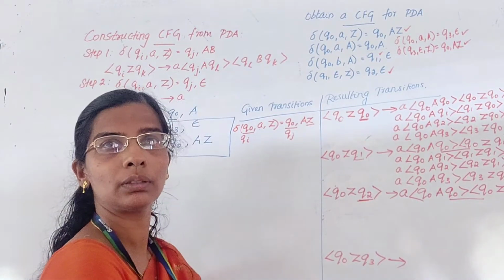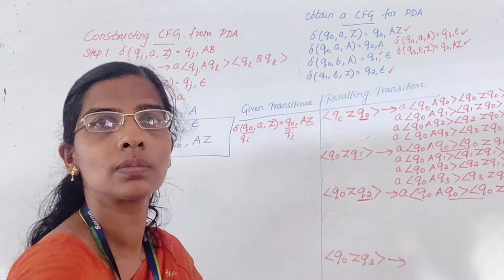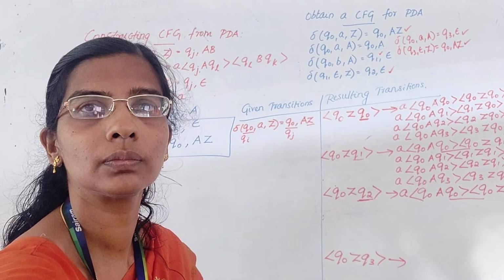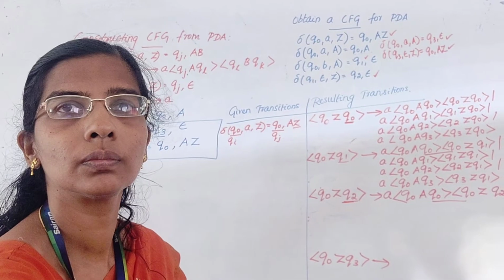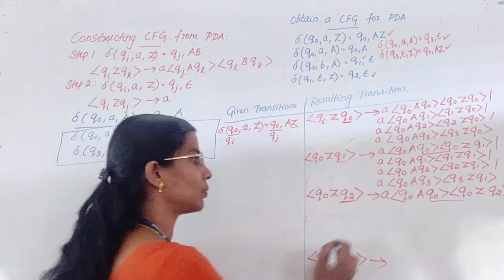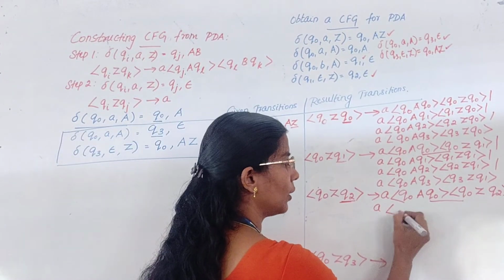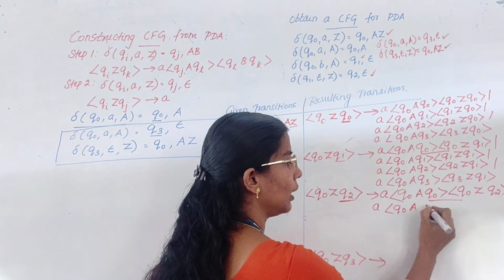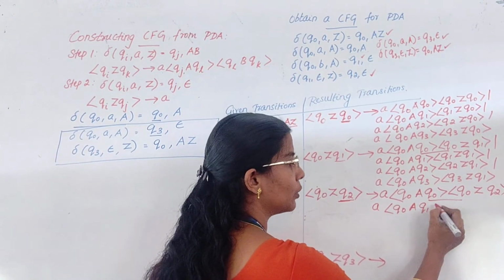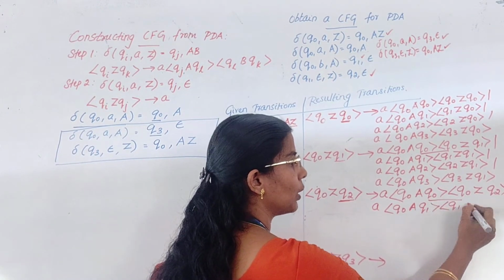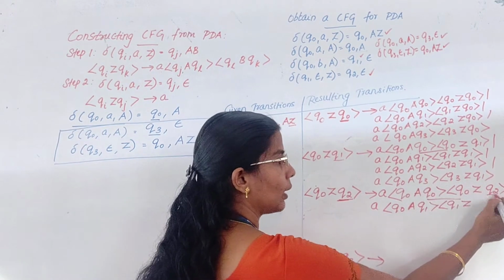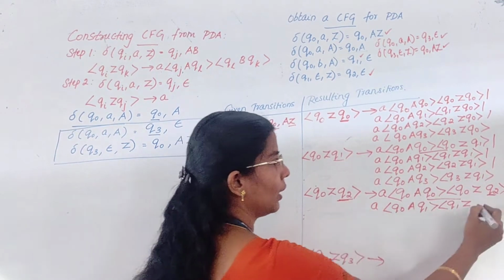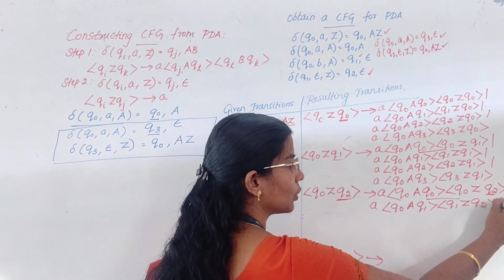Is the board visible? Right? A, Q0, A, write the possible L values. Q1, Q1, set. At last I should end with my K. It is Q2.